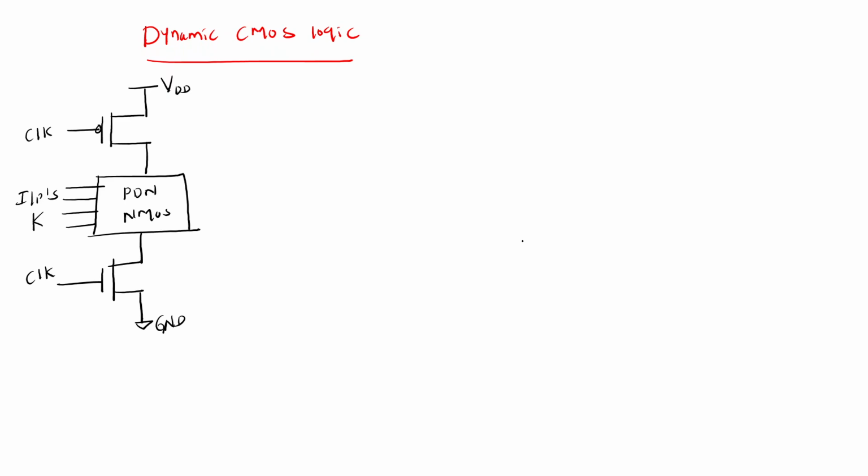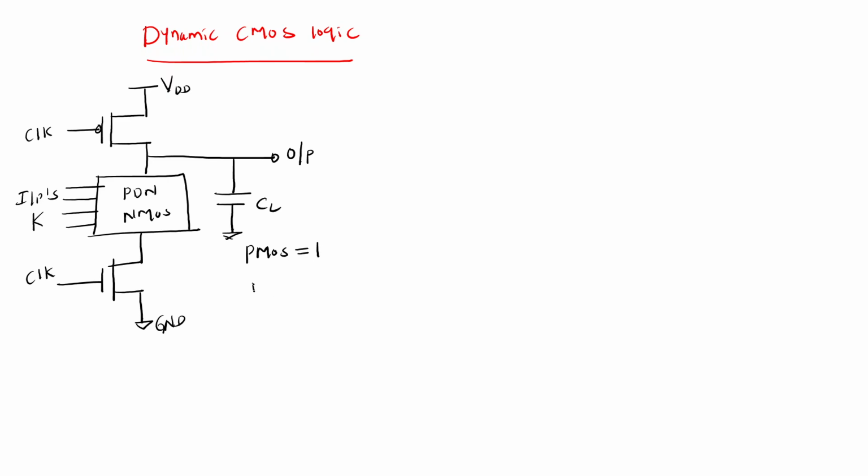Normally, if you take this output, the output is connected to the load capacitor CL. If you take how many NMOS and how many PMOS are there, you have only one PMOS.